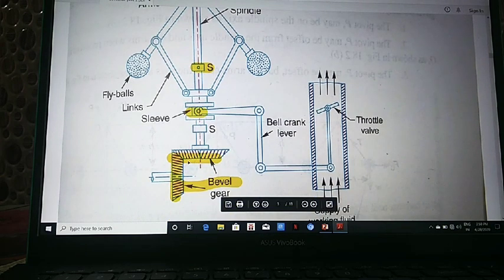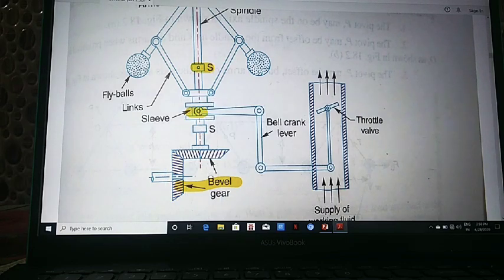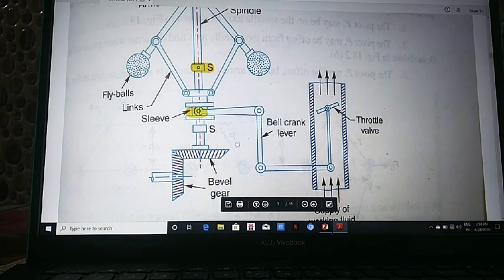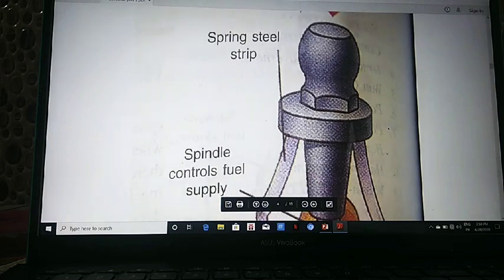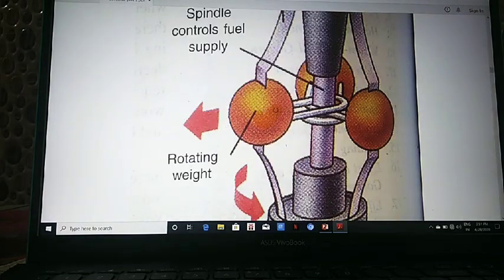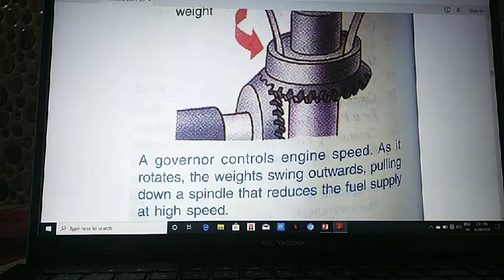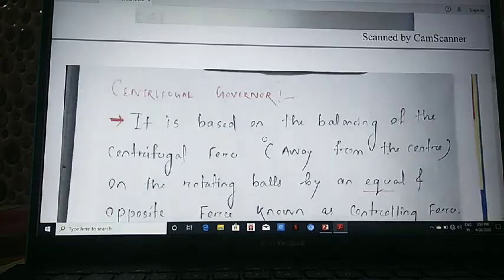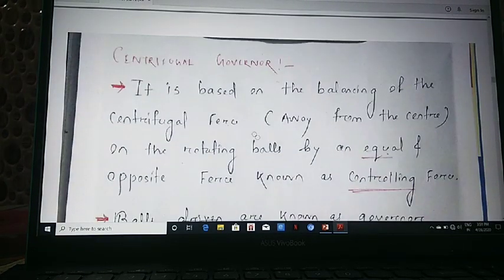Now we will see in detail the working principle of this centrifugal governor. So this is also a centrifugal governor. You can see here the balls, and these are the two bevel gears, and it is controlling the speed. The centrifugal governor, as the name indicates, is based on the balancing of the centrifugal force.